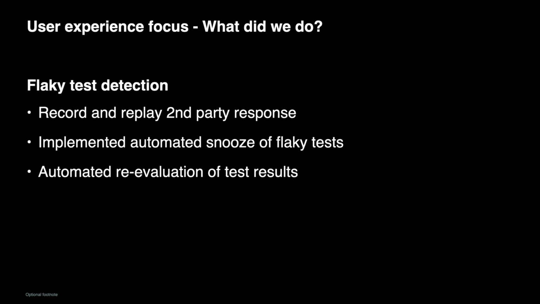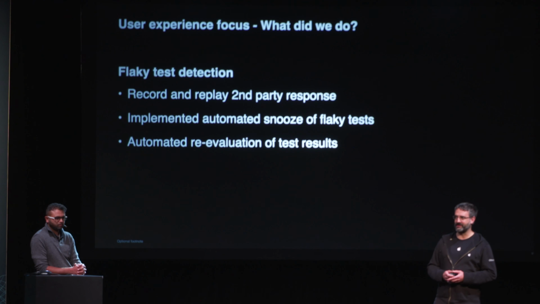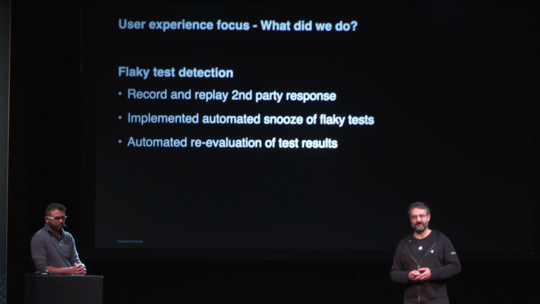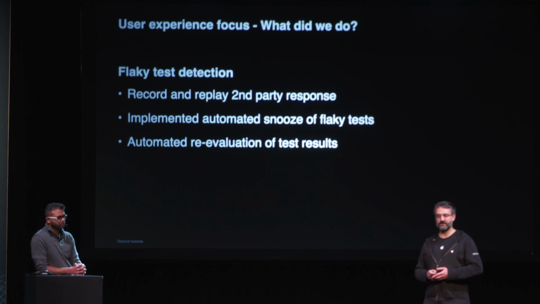For flaky test detection, as I mentioned, we're relying on second party and third party systems. The first thing we implemented was recording and replaying all the second party responses so that the test would always have the same response independently of what's going on with the external system. We implemented automated snooze of flaky tests. What do I mean by that?